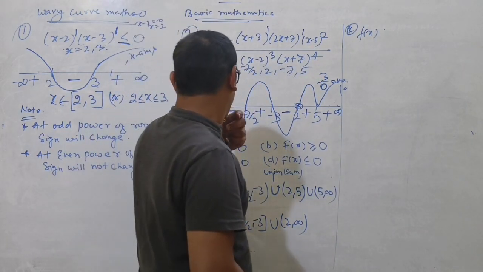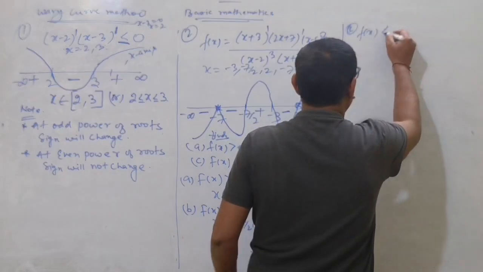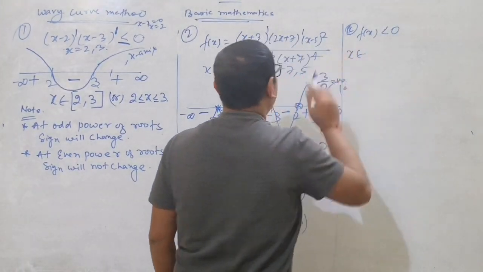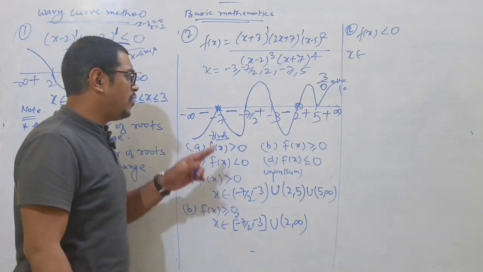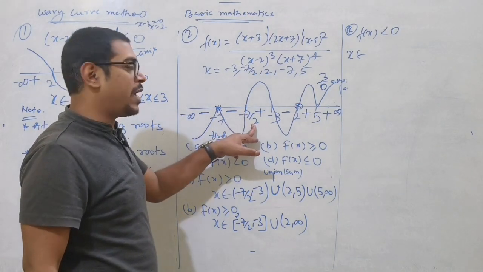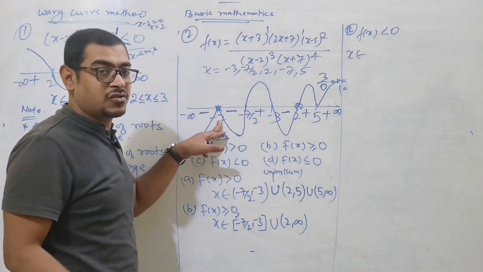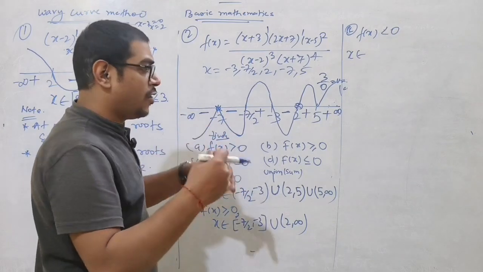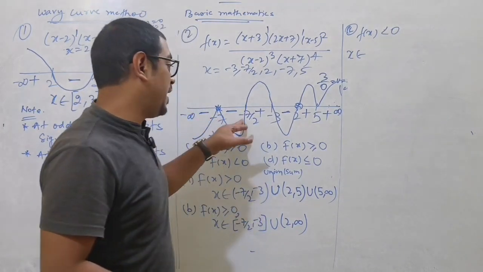Now C. What is C? Less than 0. So can you say what the intervals less than 0 are? Here you can see minus infinity to minus 7 by 2, but you can't take minus 7. So you have to write it in a break. You have to split here.